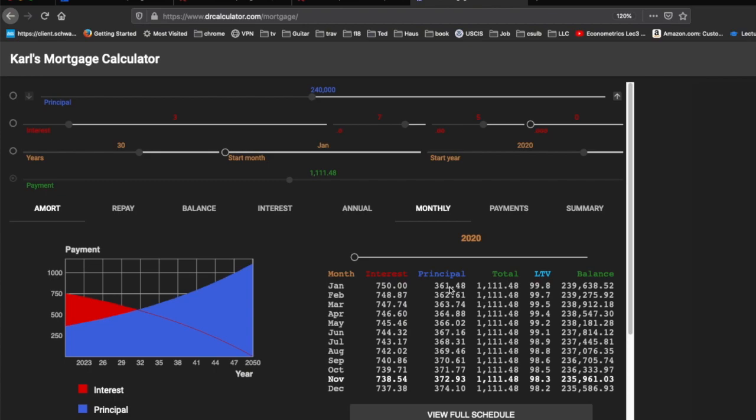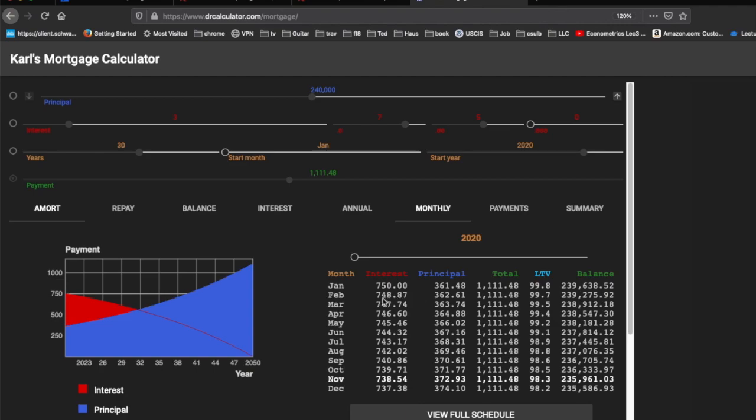Now, the principal decreases by a small amount after the first month. So now you owe essentially $361.48 less to the bank, which means that accordingly on your second month's payment, your total payment is still the same, but a slightly smaller portion of it goes towards the interest, and a little bit more goes towards the principal.